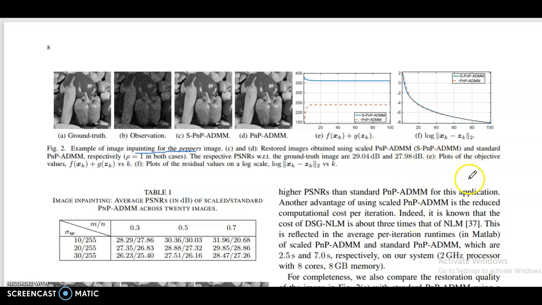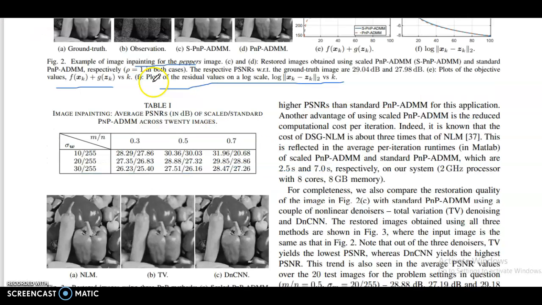E plots the objective values f of xk plus g of zk versus k, and F plots the residual values on a log scale.